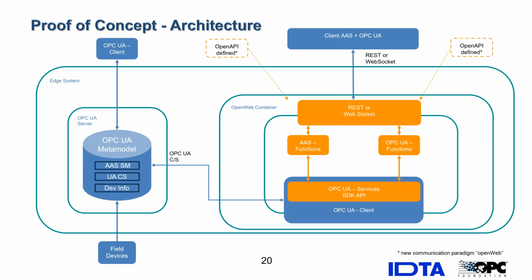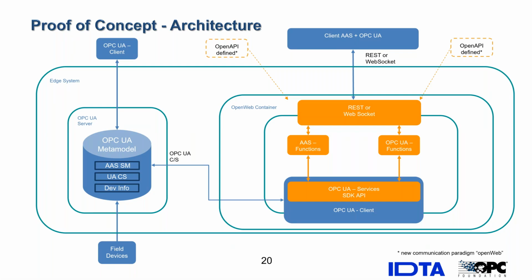This client can connect via REST or via WebSocket to our open web container using interfaces which are already defined by an OpenAPI schema. This OpenAPI schema is already used today by the IDTA and by the OPC Foundation in different projects.